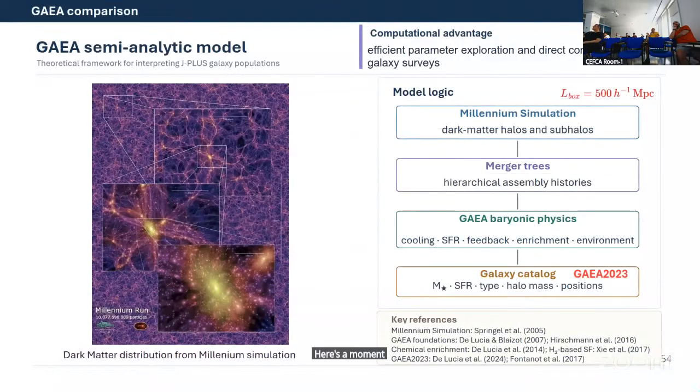with a semi-analytic model. So basically, we work with GAEA. That is a semi-analytical model that takes the dark matter simulations and merger trees.